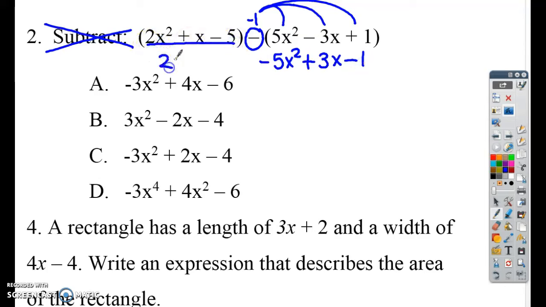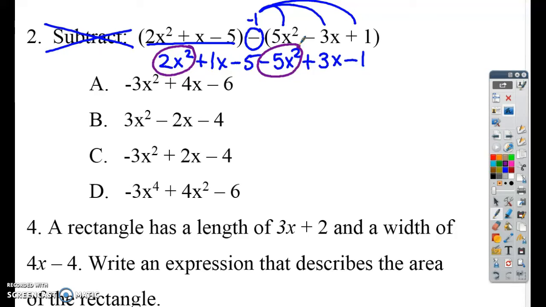So 2x squared plus 1x minus 5. What's the next step? Combine like terms. So anything that looks alike, we're going to combine it. So I have 2x squared minus 5x squared. What does that give you?